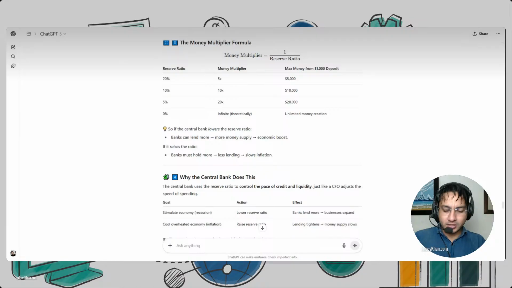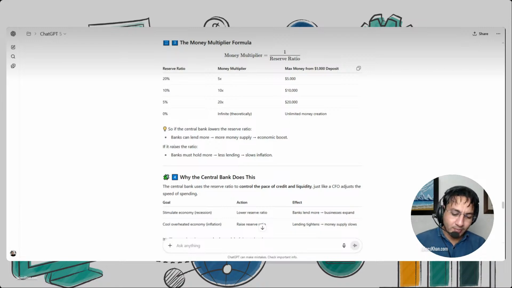Okay, so what is going to happen is that that money is going to be loaned by the bank to another person. By policy, they have to keep a certain amount of that cash in the bank, and they loan the rest.